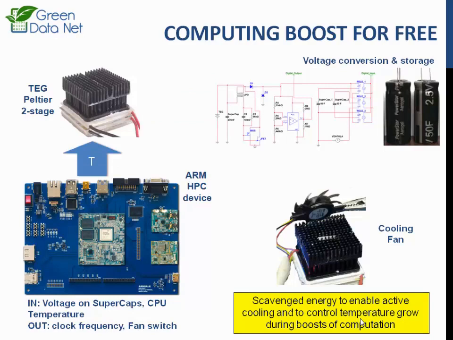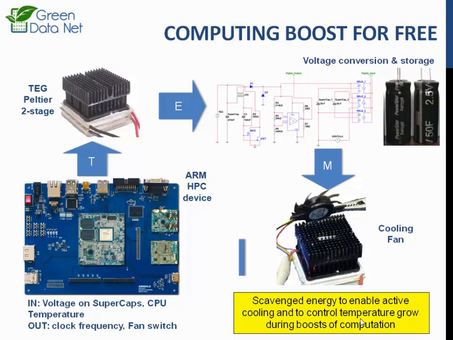You extract energy from the heat dissipation of the processor, and in a data center, of course, you have thousands or millions of these processors. You extract energy, you convert it, and if you don't want to use it for other sensing and processing, you can inject it later using a fan, so you enable active cooling.